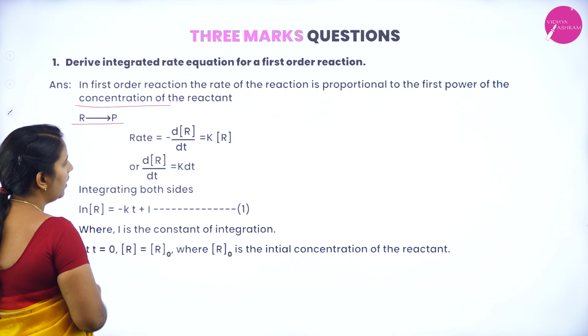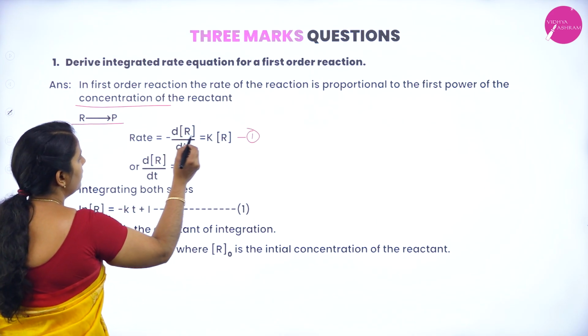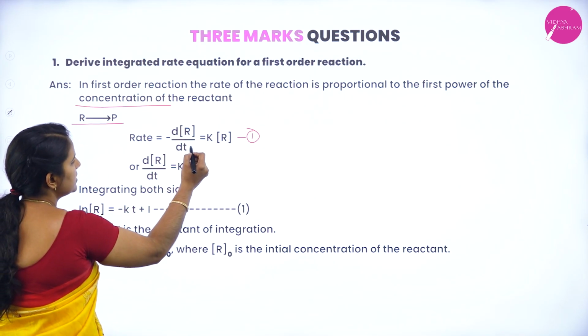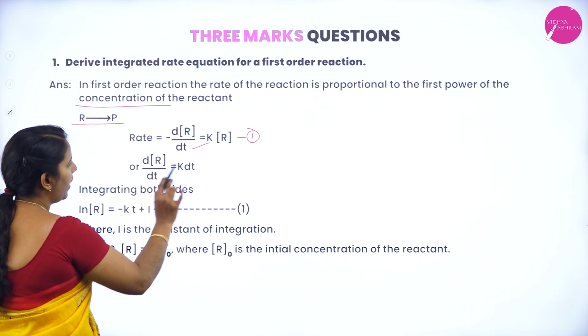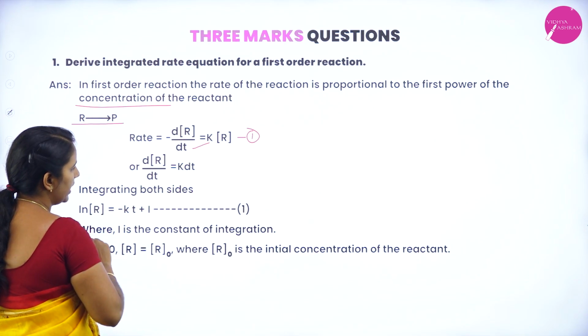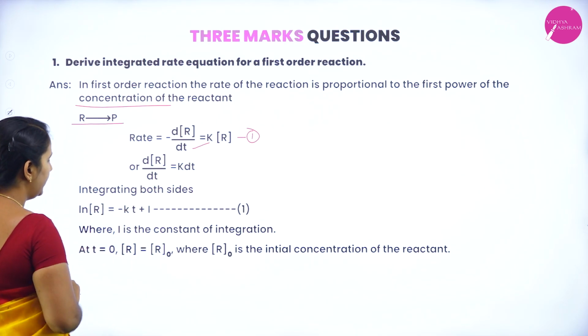Rate is equal to k into the concentration of R. Now, if I rearrange this equation, d[R]/dt can be written by interchanging terms. Taking the R outside, d[R] divided by [R] is equal to k into dt.